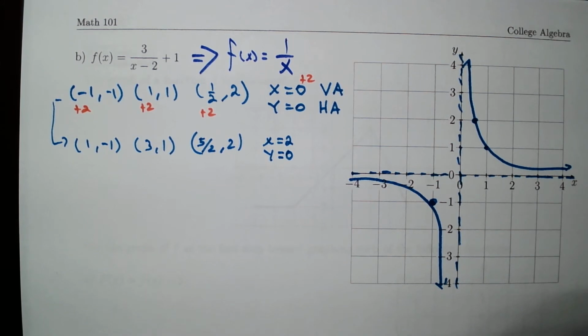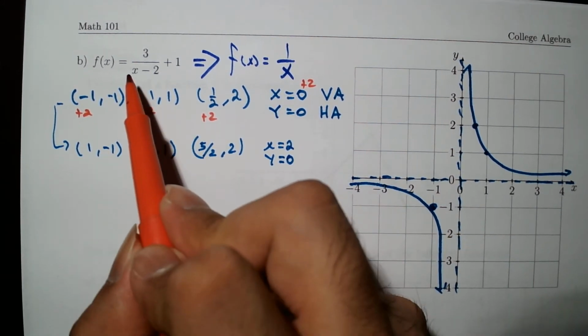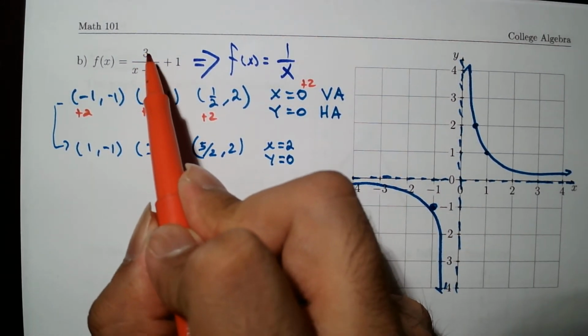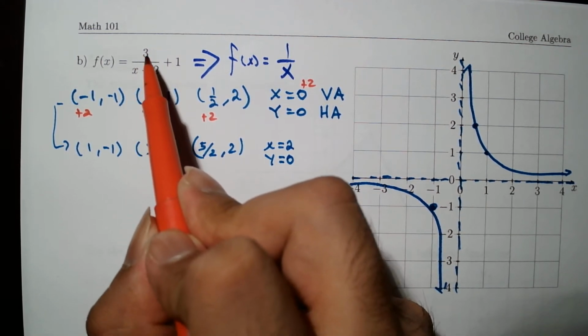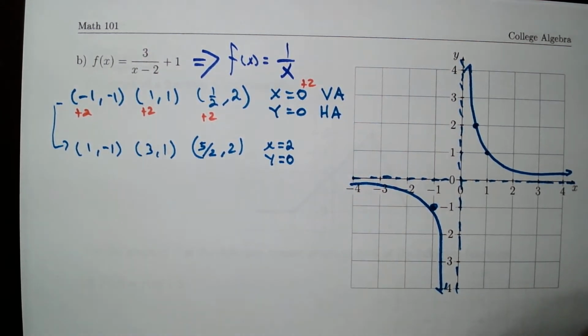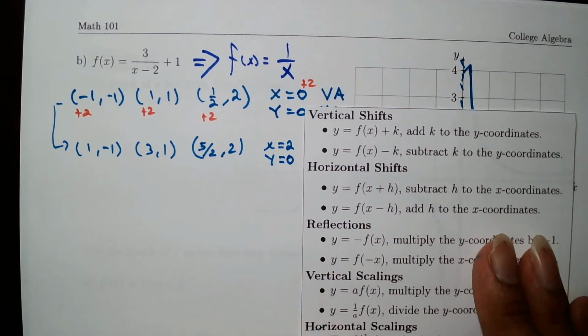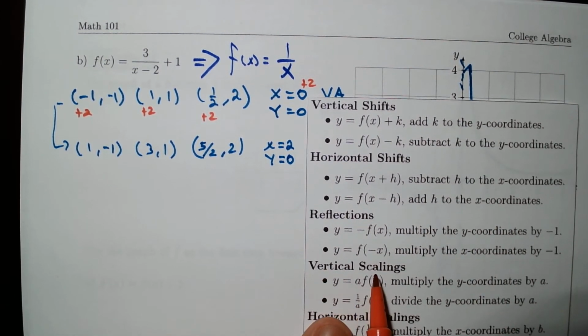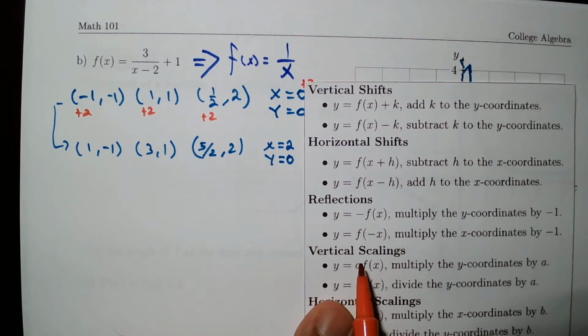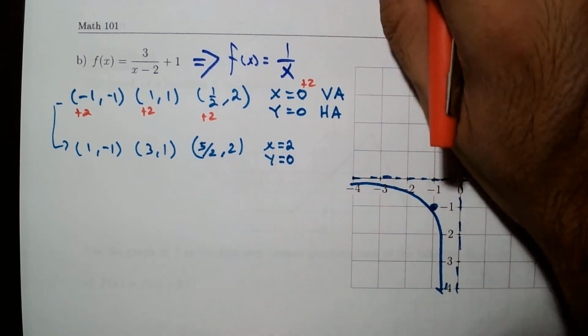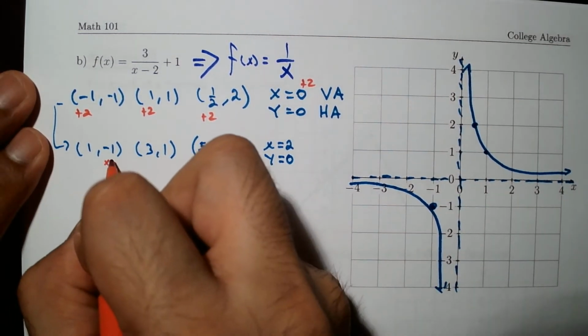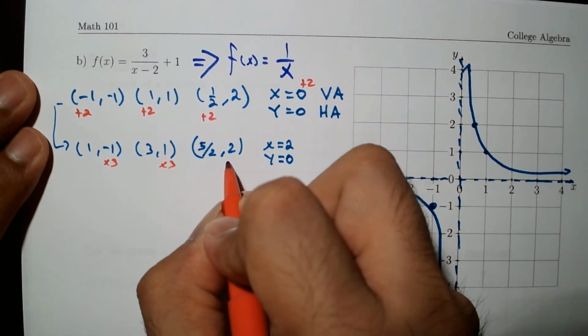Let me look at the next transformation, the vertical stretching. Vertical scaling: multiply by an integer a, multiply the y coordinates by a. So I'm going to multiply times 3, times 3, and times 3.